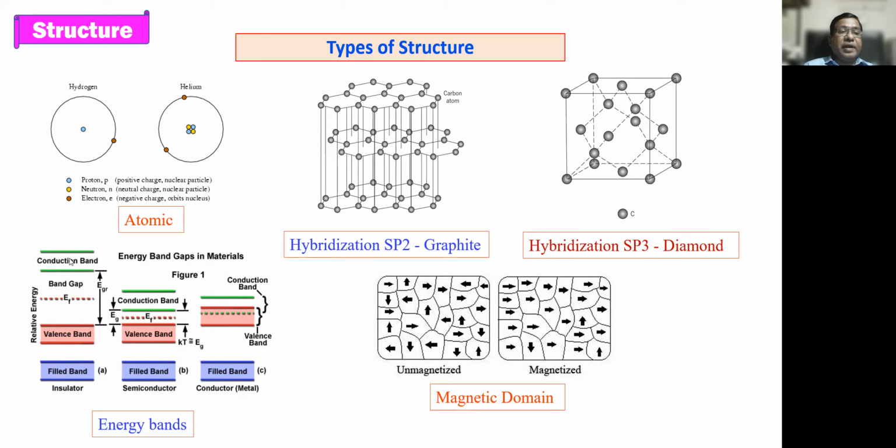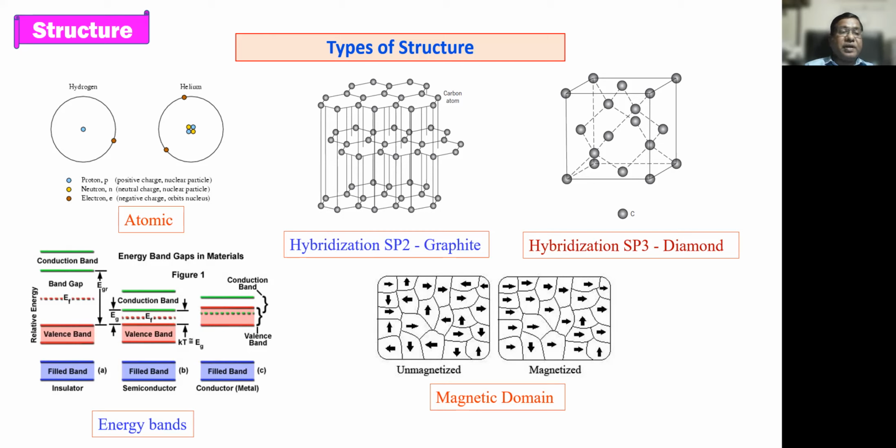If any electron is present in this band, then that is supposed to be a conductor of heat and electricity. And there is a valence band. Valence band means the outermost electrons will exist in this. So this is the energy level of valence electrons. Depending upon the band gap between the conduction band and valence band, these materials are defined.